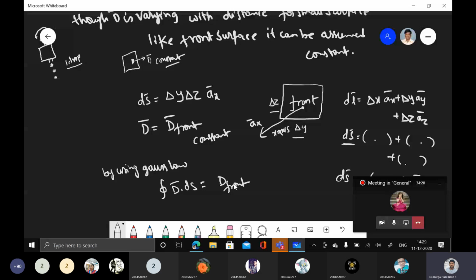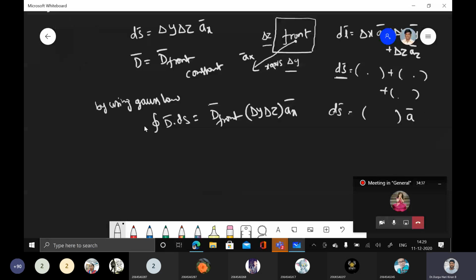So what can I write for D bar? D bar is equal to Dx ax bar, where Dx is something like a line element.